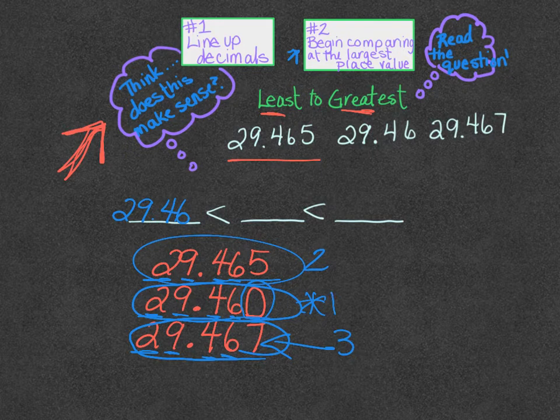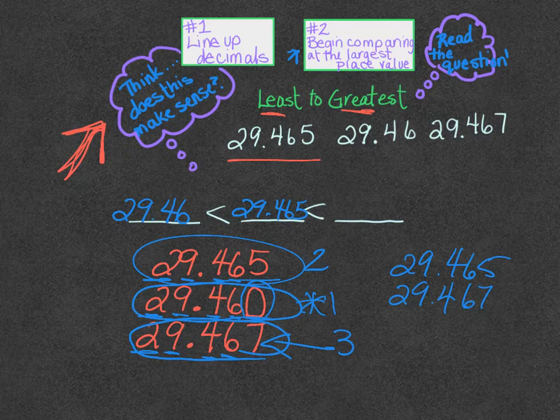So my second one would be 29 and 465 thousandths. The other thing I could do is go 29 and 465 thousandths, 29 and 467 thousandths, and I could do that same thing.